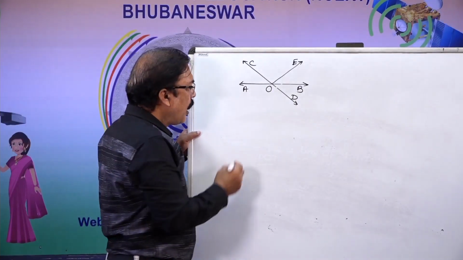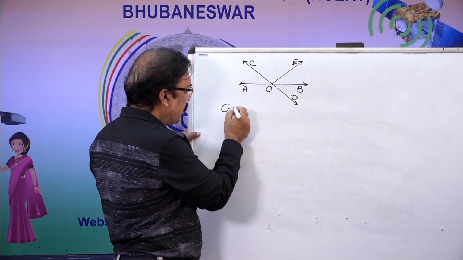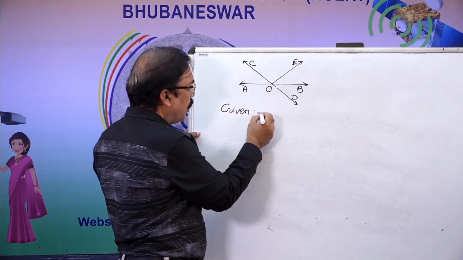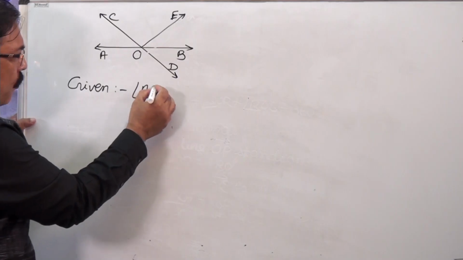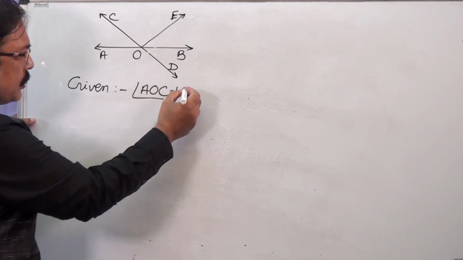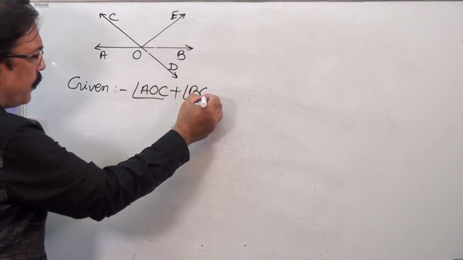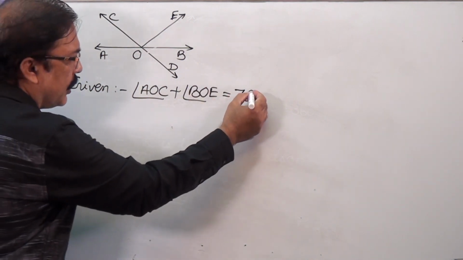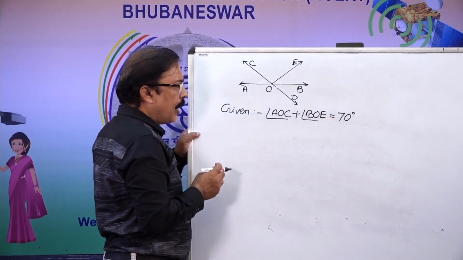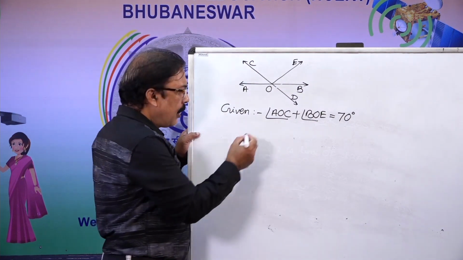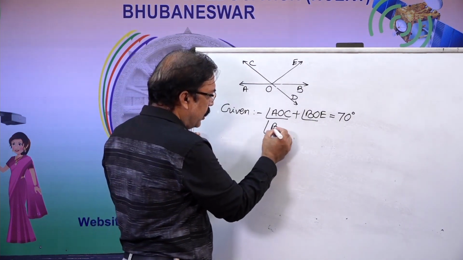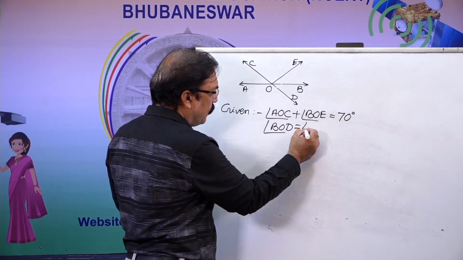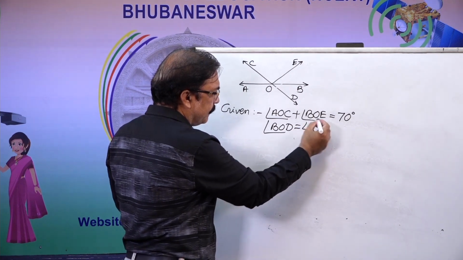Then, what is given? Given angle AOC plus angle BOE is equal to 70 degrees, and angle BOD is equal to 40 degrees.